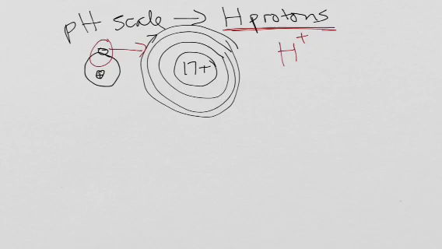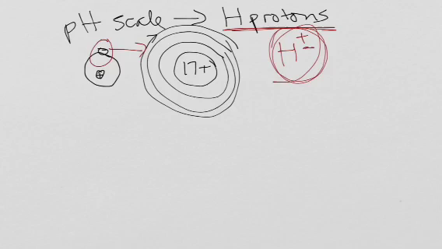Ions have a positive charge if they've got more protons than electrons, or a negative charge if they've got more electrons than protons. Okay? So to measure the amount of hydrogen protons in a substance, we see that the more hydrogen protons in a substance, the more acidic the substance becomes. That's why in the last video, we talked about the fact that our H pluses are acidic and they're electrolytes.